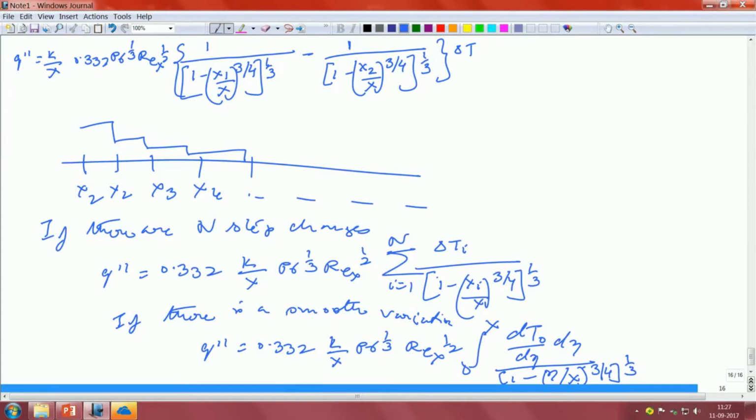So this actually shows you that this is how for any type of temperature profile, that means if there is a variation in the temperature profile across a plate, you can actually represent it in this particular fashion, right.